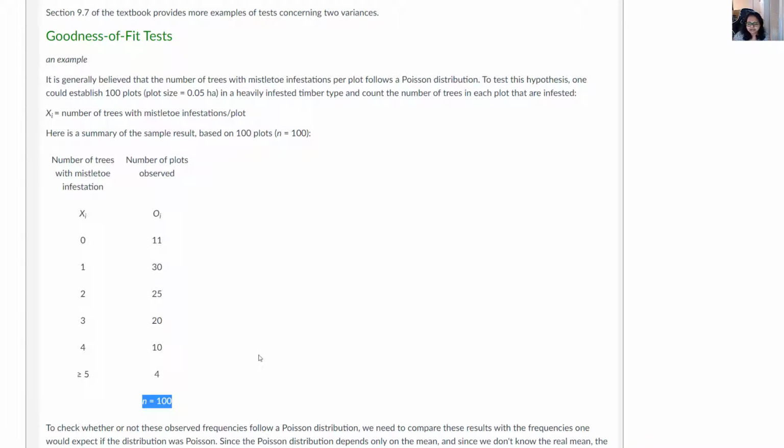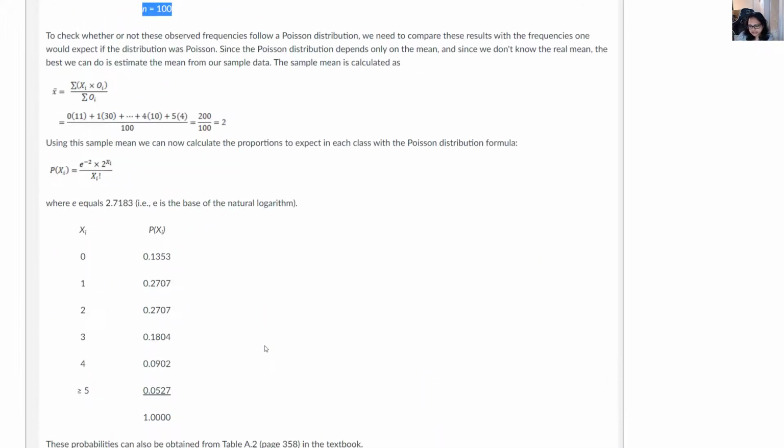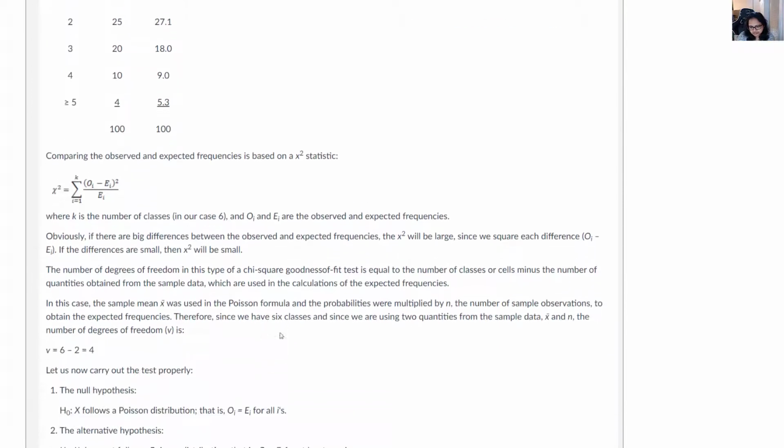In the chi-square distribution, you take the observed value minus the expected value, square it, and divide by the expected value. If you sum them, you get the chi-square value, the test statistic value.